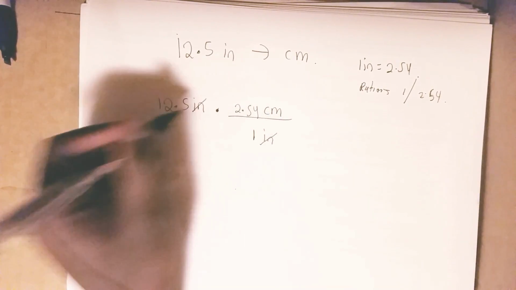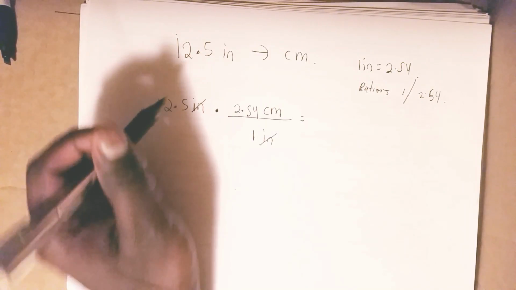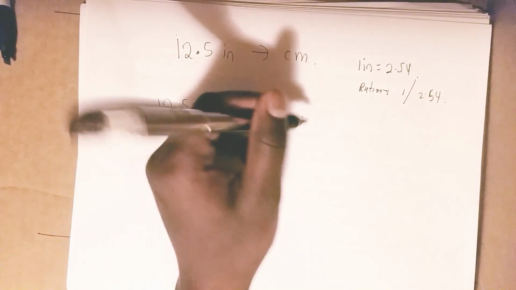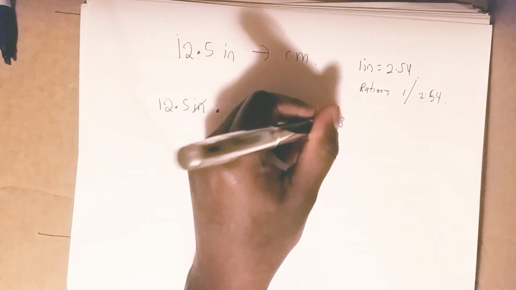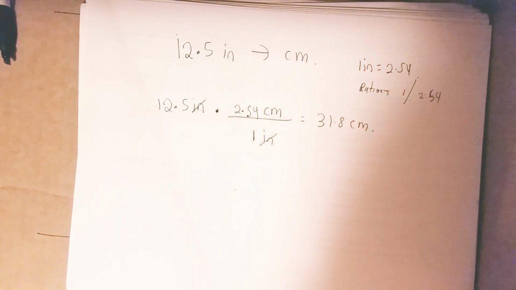The inches cancel, and you just multiply this out. 12.5 by this, and after you round off, you get 31.8 centimeters.